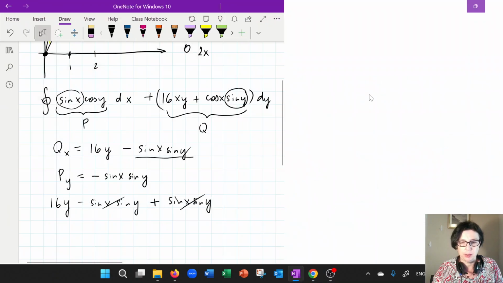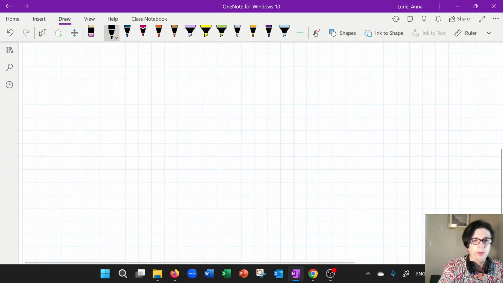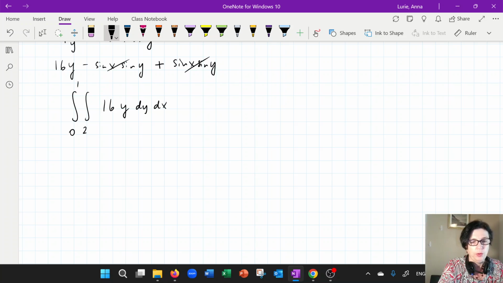All right, and next we, of course, would have to integrate it. So let me do the integration over here. We are integrating 16y dy dx, from 0 to 1, and y from 2x to 2 square root of x. Now this integral is not splittable because the limits are not numbers; we have variables in them. So we do have to integrate.